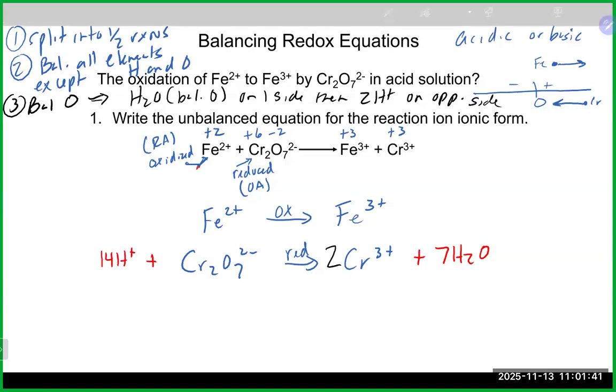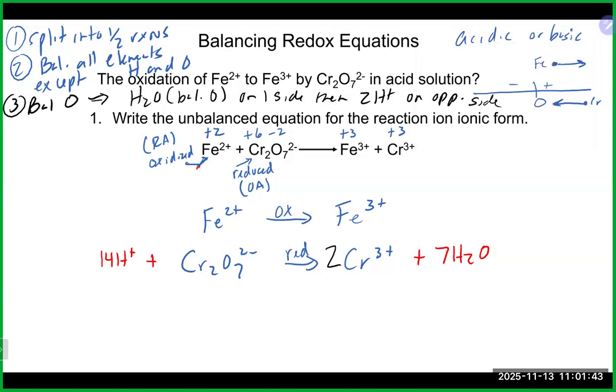At this point, we are ready to add electrons to balance out the charge on each side. Now, the charges on each side do not need to equal 0. They just need to be the same number on each side. You need to add the negatively charged electrons to whichever side needs it.